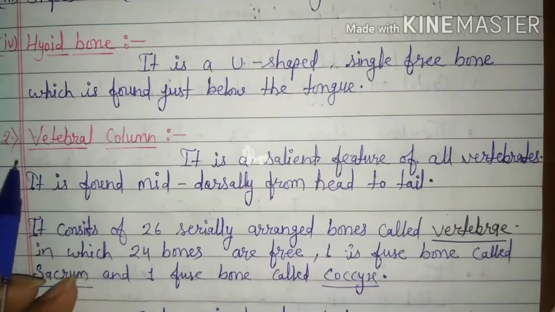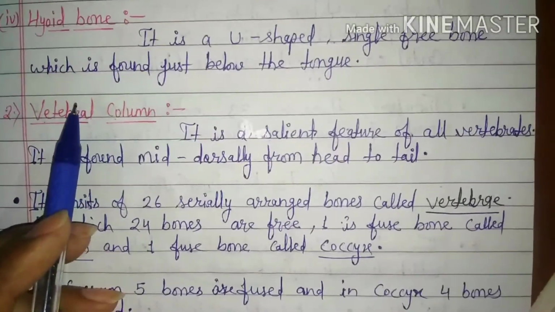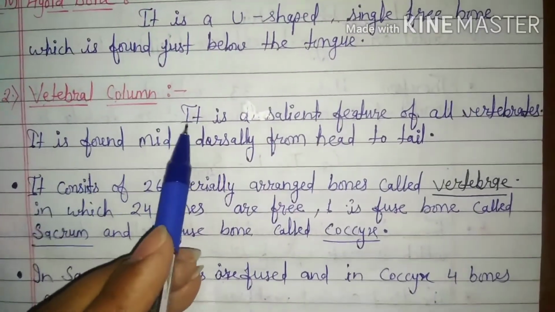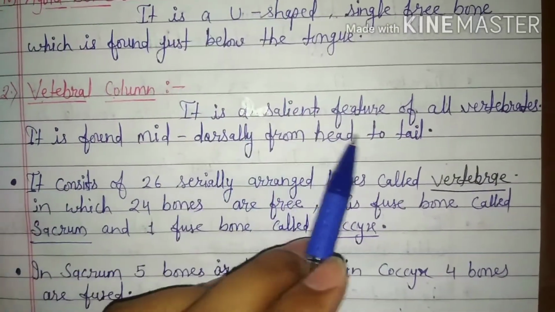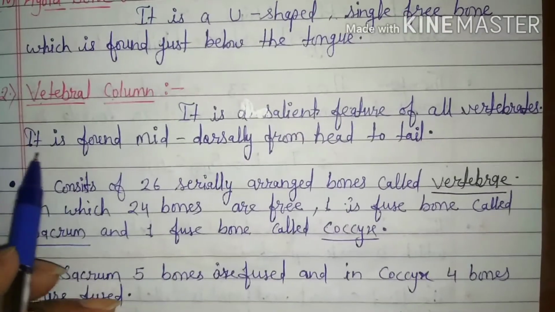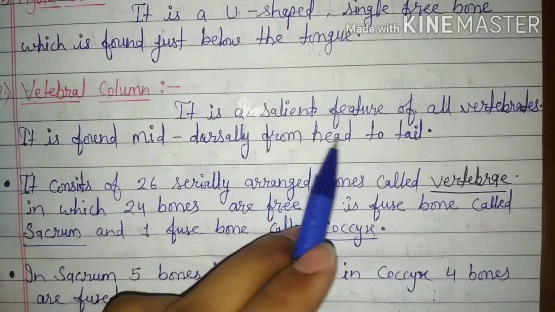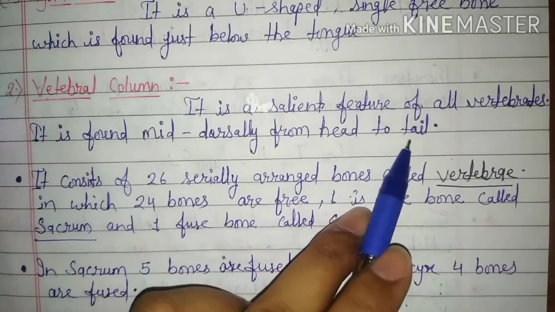Next, second part, vertebral column. Vertebral column is a salient feature of all vertebrates, and it is found mid-dorsally from head to tail region.